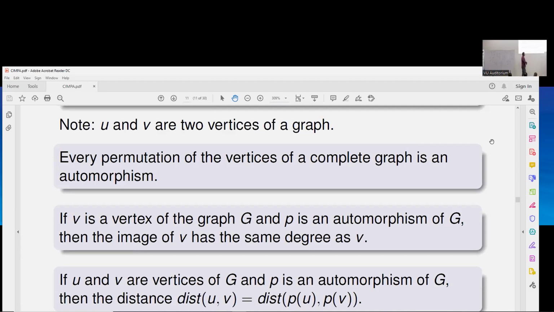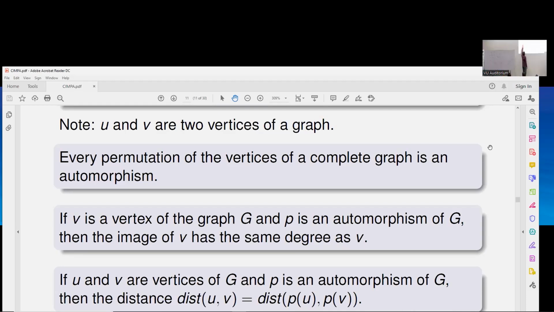So in the next graph, the degree of a vertex must be the same as in the original graph. So you can't have a permutation where the degree of u1 is 3 here, and the degree of u1 is 2 there. So it's not possible.